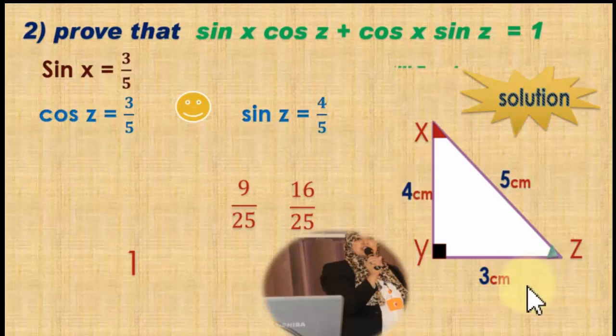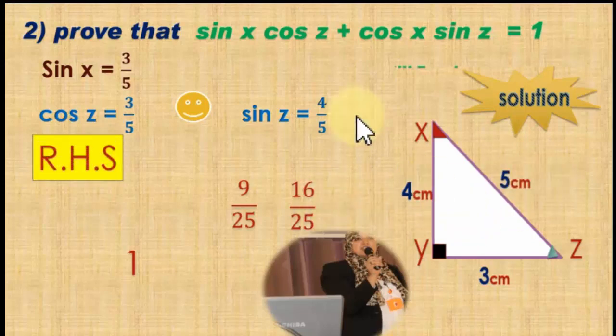Cosine z, this is angle Z, equals the adjacent over the hypotenuse, 3/5. And sine z equals the opposite side over the hypotenuse, equals 4/5.